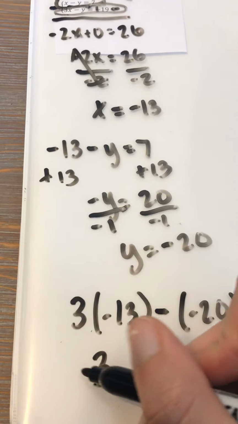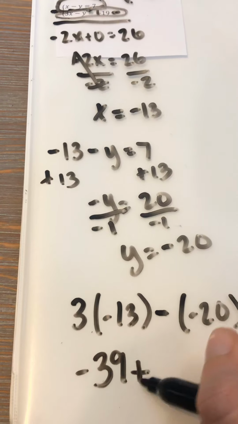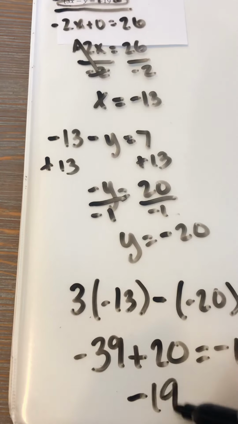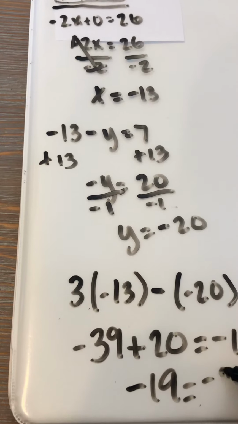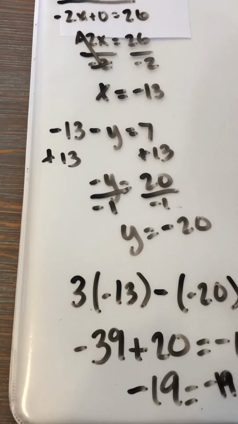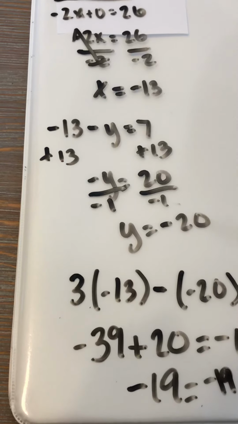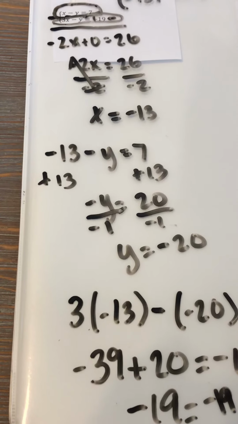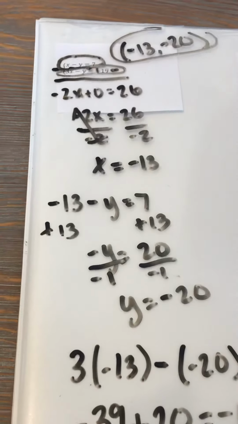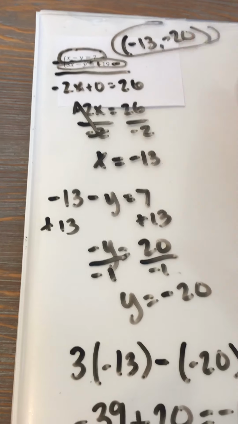So is it true that negative 39 plus 20 equals negative 19? And absolutely. And so since this is true, we know that it works for both because we used the first one and we plugged it into the second one. So this one had one solution, and the solution is the coordinate point that we found right here.